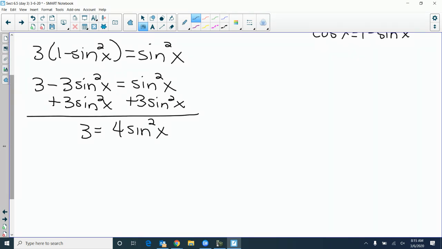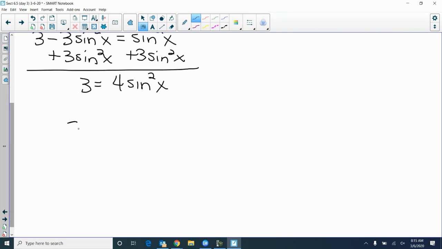What did we do with the one problem that just had something squared? We took the square root. So we're going to take the square root, but first I'm going to divide that 4 over. I like my sine squared on the left, so I'm just going to flip the order: sine squared x equals 3/4. I basically divided both sides by 4. Take your square root.